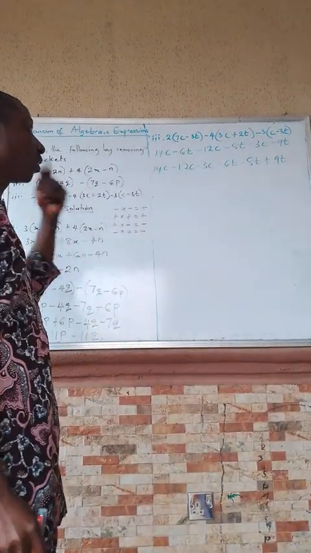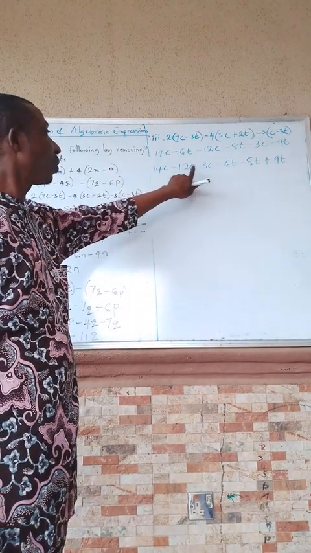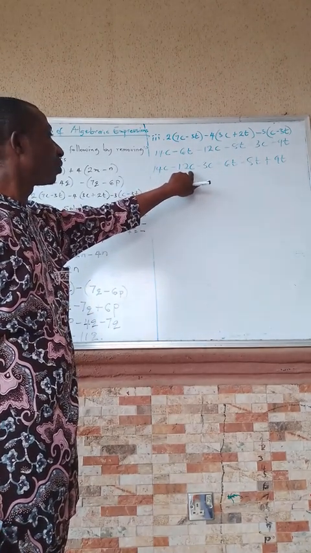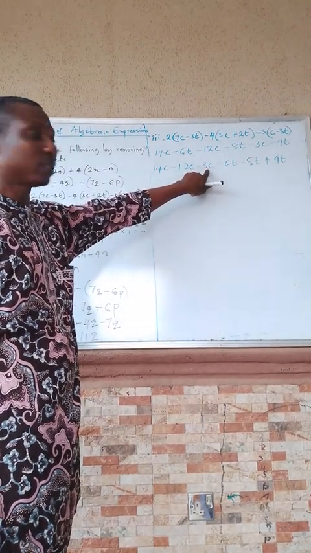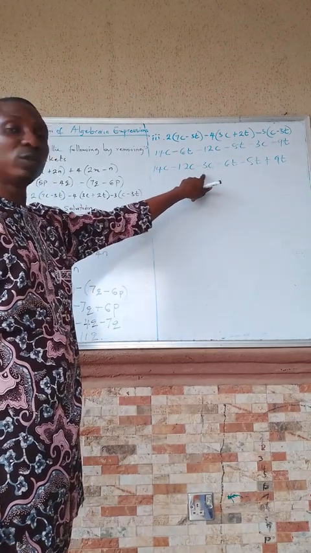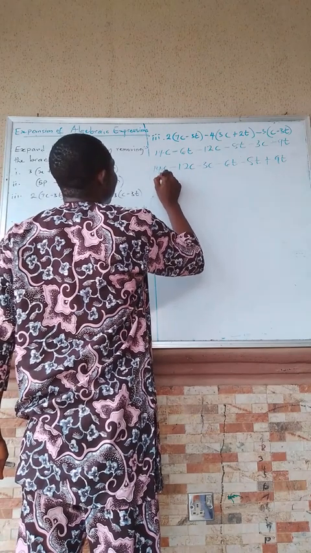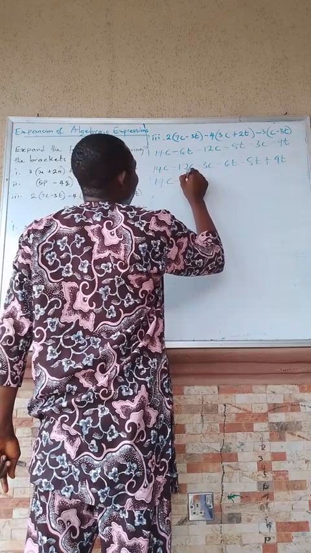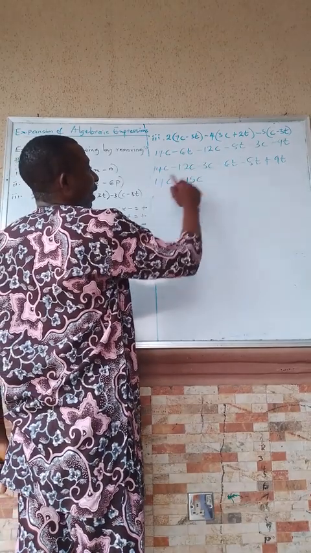Okay. Now what we are going to do is add the debts together. Any number that has minus is a debt. So I have a debt of 12c and I have a debt of 3c. So the total debt is going to be 15. So I have 14c minus 15c.